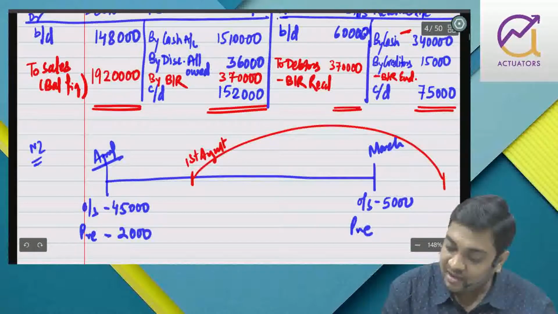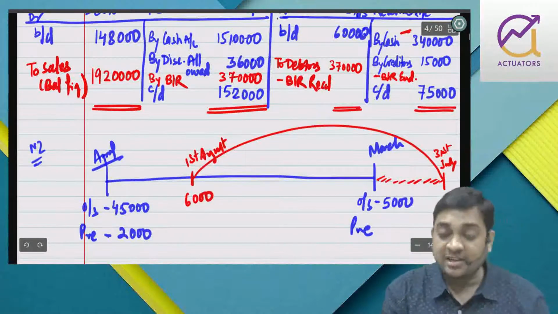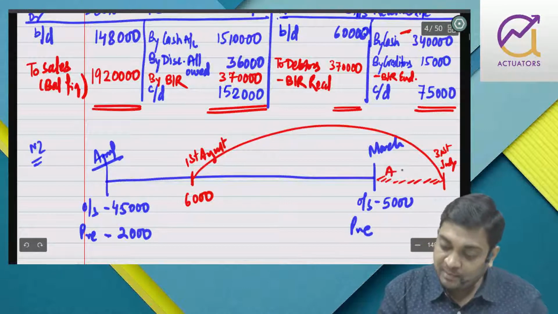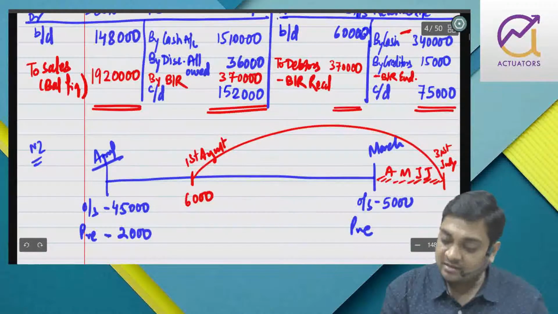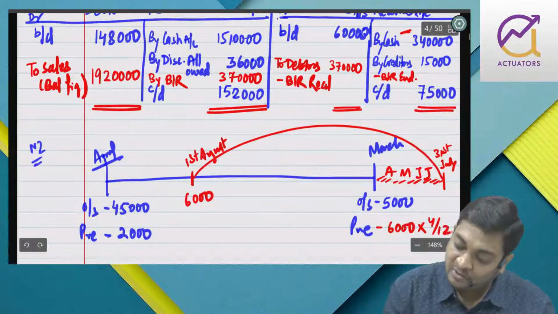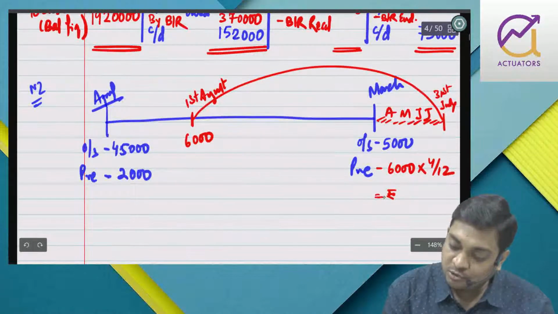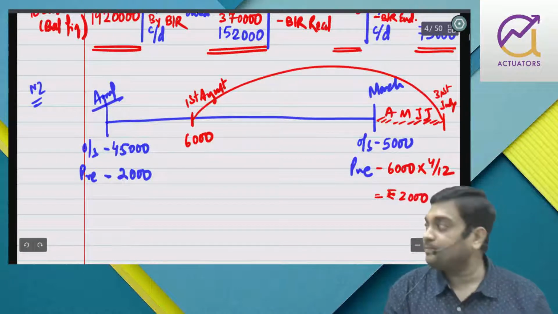So this is covering a period till next year 31st July. So obviously the payment of 6,000 which I have done on 1st August is related to next year July. So April, May, June, July. So that is 6,000 into 4 by 12. So that comes to rupees 2,000.